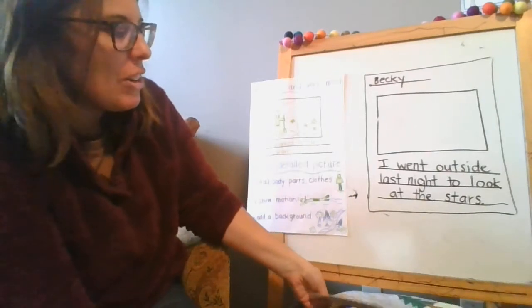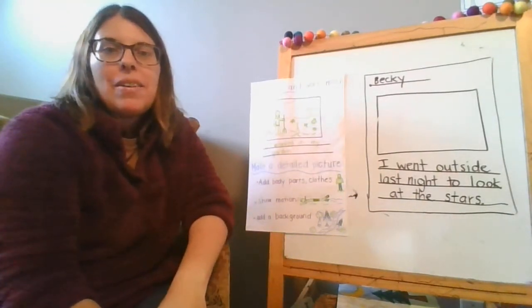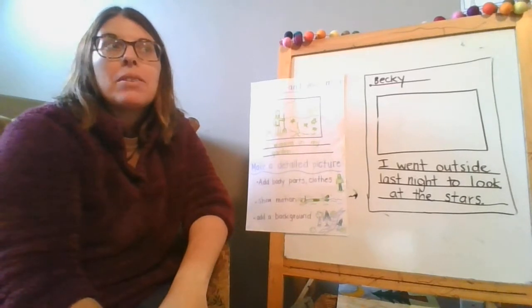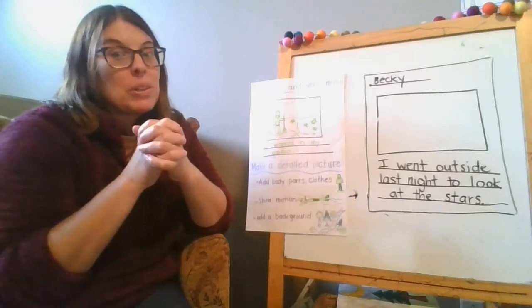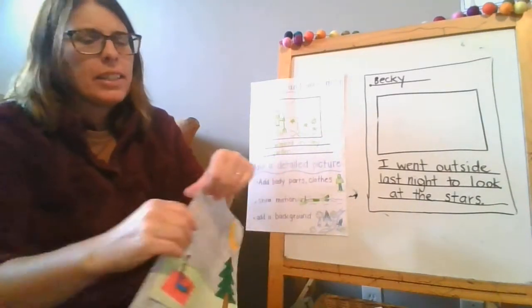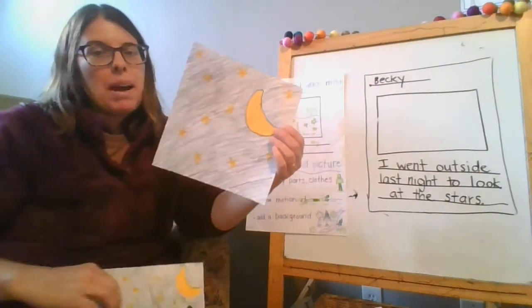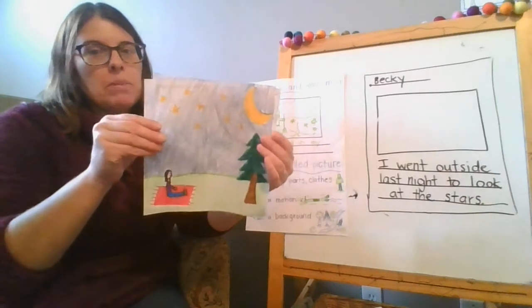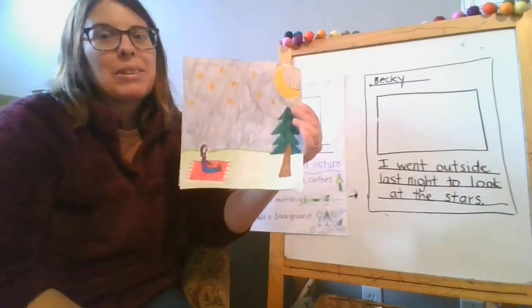Okay, so when you are doing your writing today, I want you to really think about how you can get your picture to really match those words pretty well, okay? So like this is about the same topic, right? There's stars in this picture, but this offers more detail and matches it better because there I am in the picture.